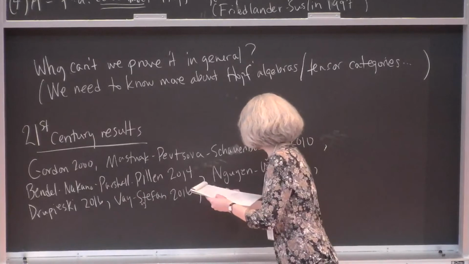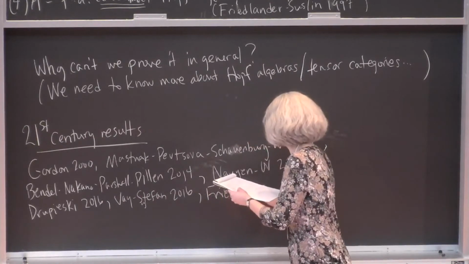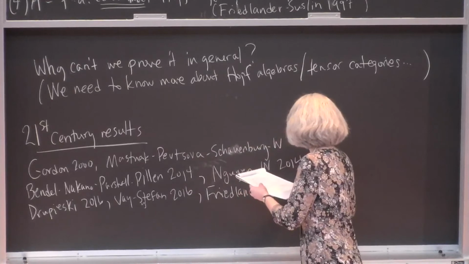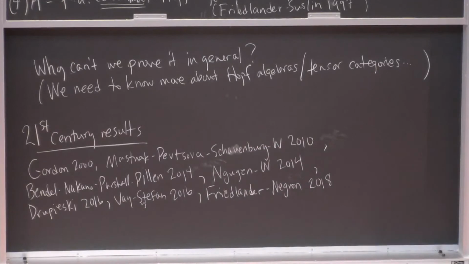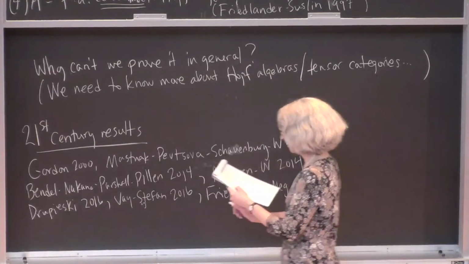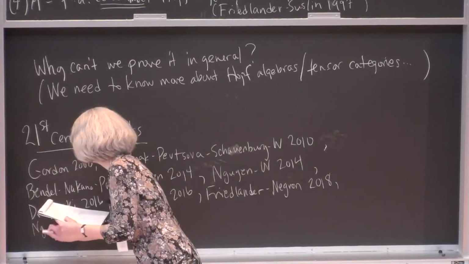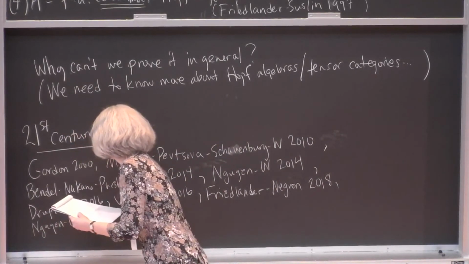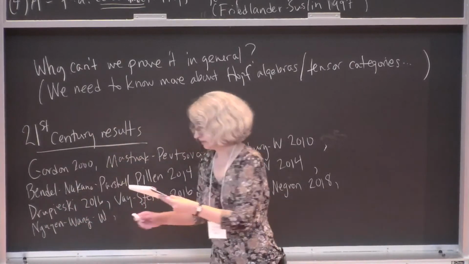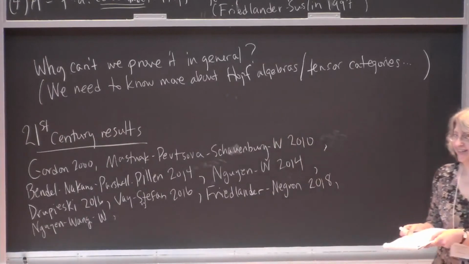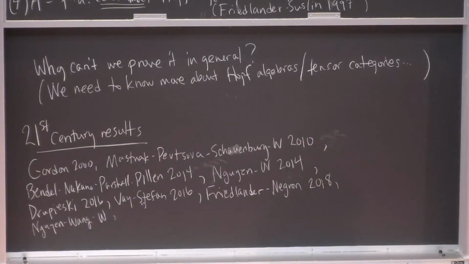Friedlander and Negron in 2018 looked at Drinfeld doubles of co-commutative Hopf algebras. So that's a construction that gives you something new, and they were able to prove the conjecture for those. And then I did some work with Ben Nguyen and Xingting Wang in a couple of papers where we looked at positive characteristic, and in particular dimension the cube of the characteristic or some power.